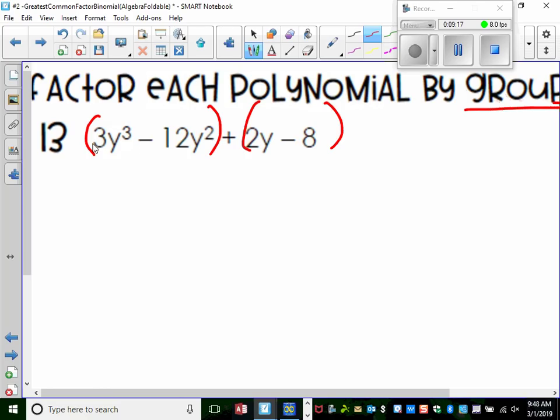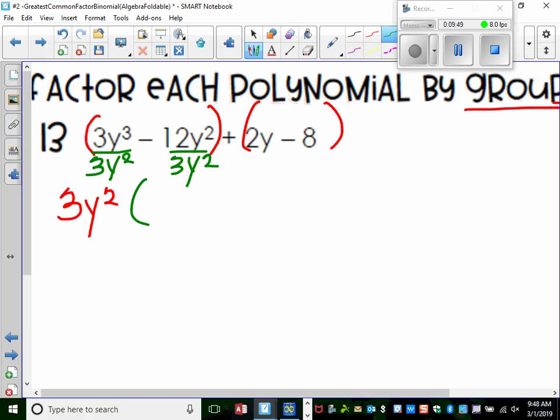Then what you're going to do is look for the greatest common factor in each group. So I'm going to look at this group first. So what's the number that can go into both of these numbers? 3. What variable do they have in common? Y squared. So I'm going to take out 3y squared, which means I am dividing both of these by 3y squared.